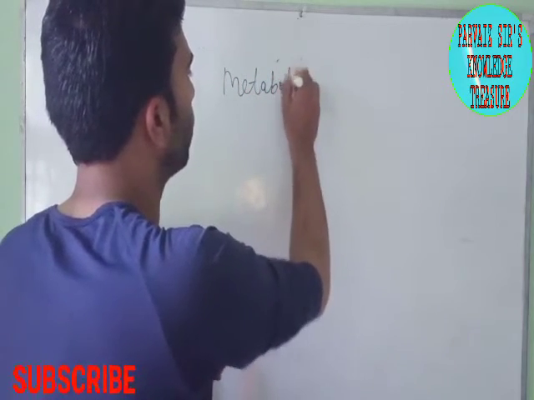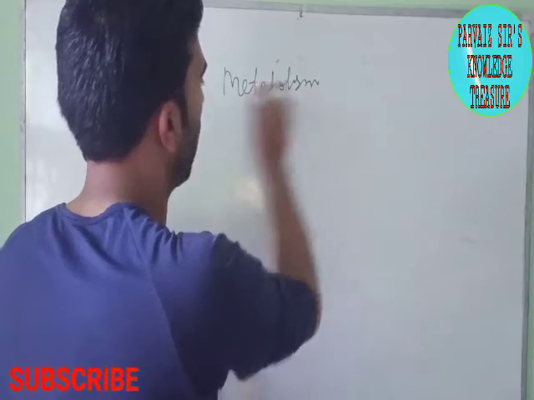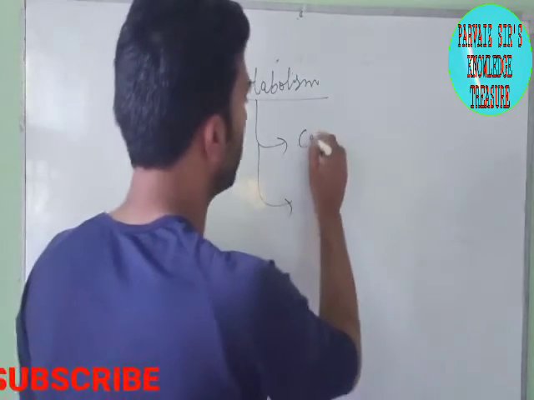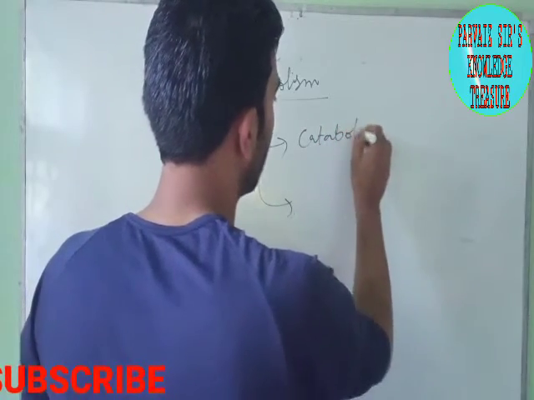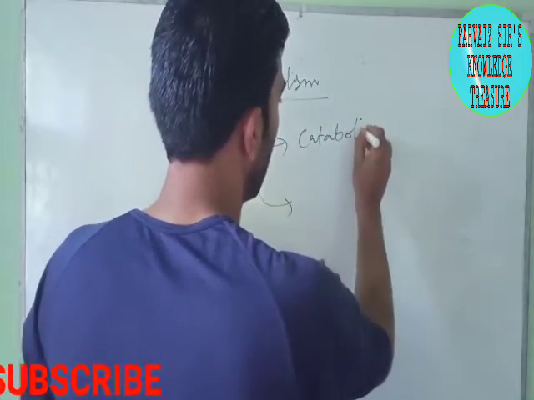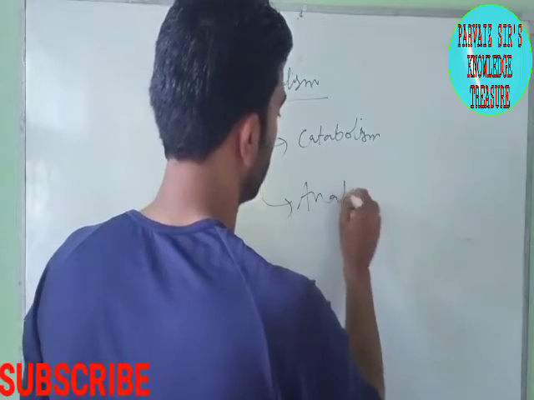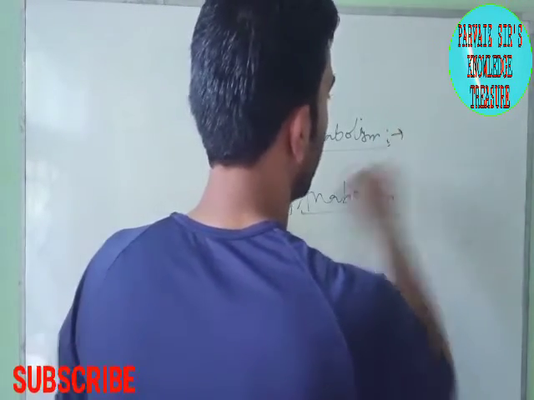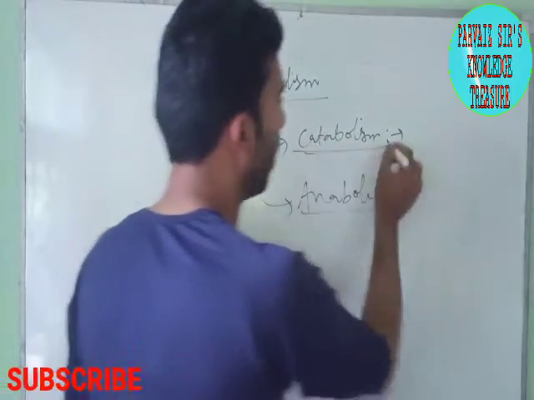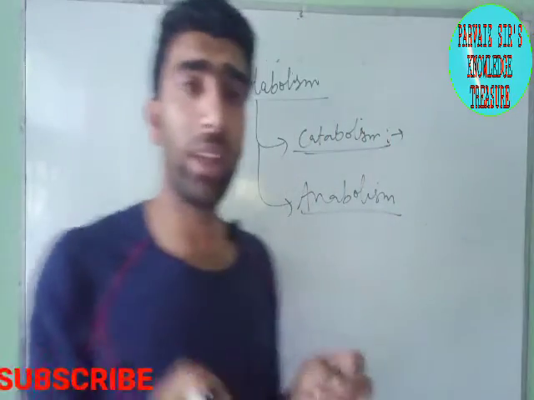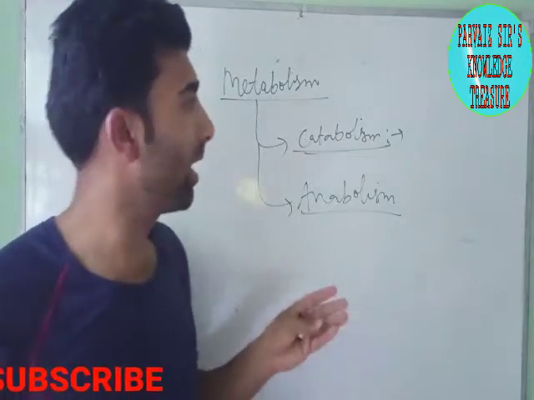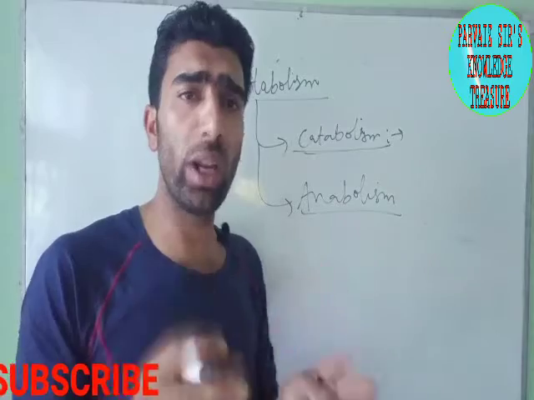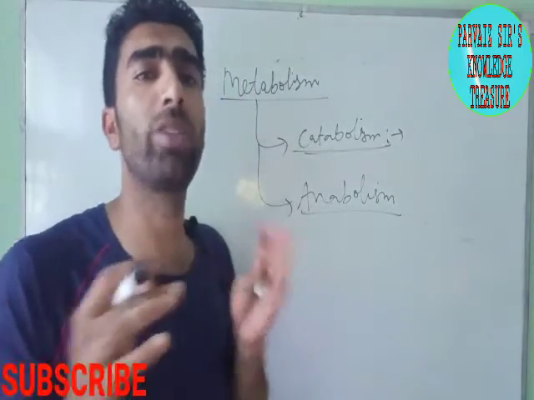Metabolism is divided into two types. One is catabolism and another is anabolism. In catabolism, large macromolecules are broken down into simpler substances.